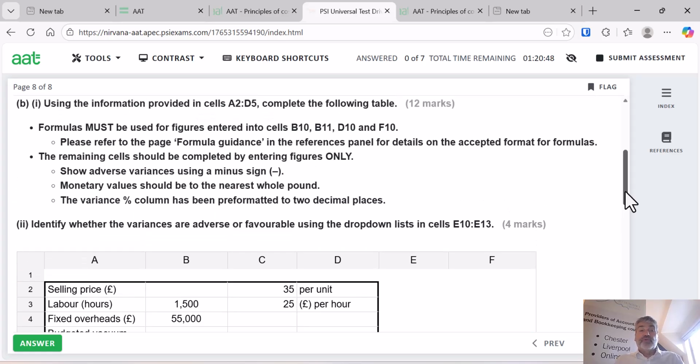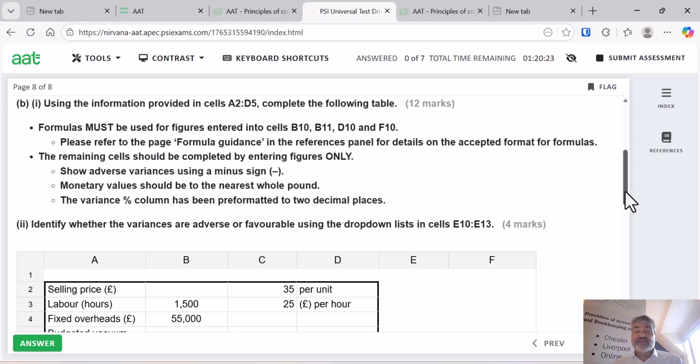We're told that we need to complete the table. We must use formulas in cells B10, B11, D10 and F10, and there's some guidance in the reference panel on accepted format of formulas. The remaining cells we can actually enter the figures.